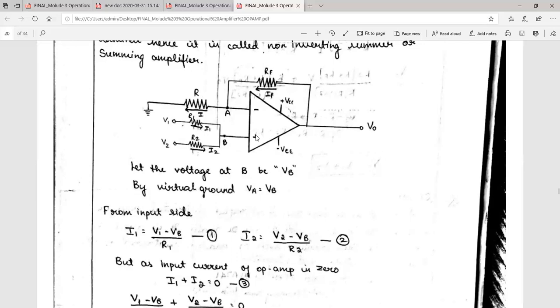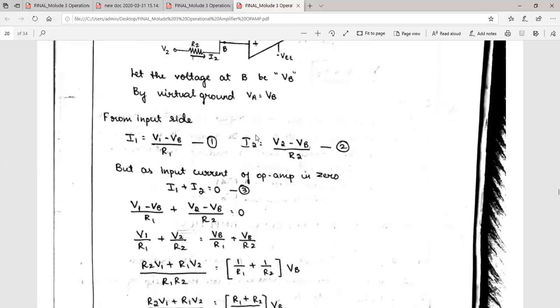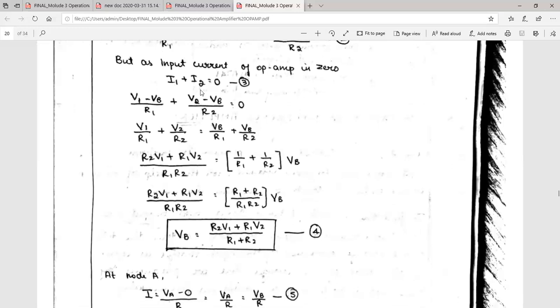So we will get an equation I1 plus I2 is equal to 0. Now let us substitute the values of I1 and I2: V1 minus VB by R1 plus V2 minus VB by R2 is equal to 0.